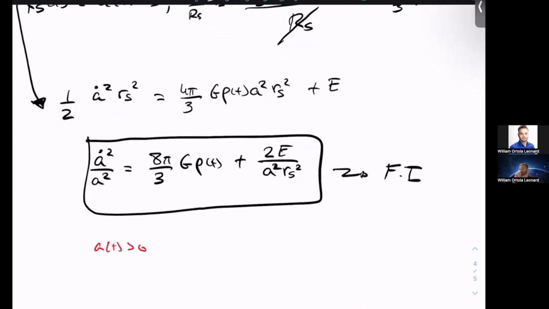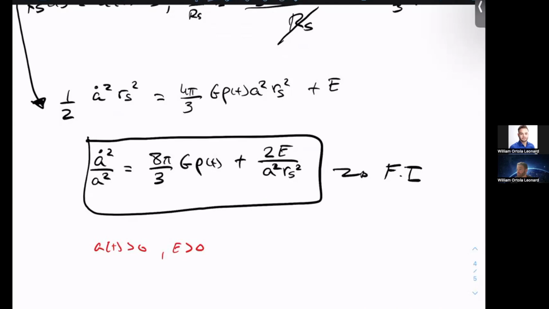And so if we now have that the energy of the universe, or this system, is also greater than 0, okay?